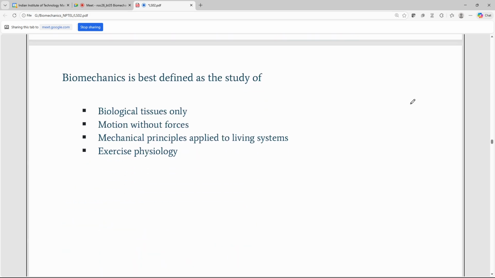Okay, next question. This one is a simple one. Biomechanics is best defined as the study of which of the following? Options are biological tissues only, motion without forces, mechanical principles applied to living systems, or exercise physiology.